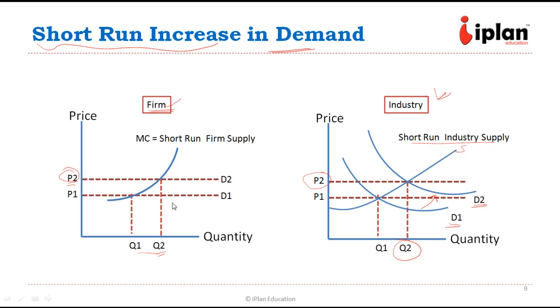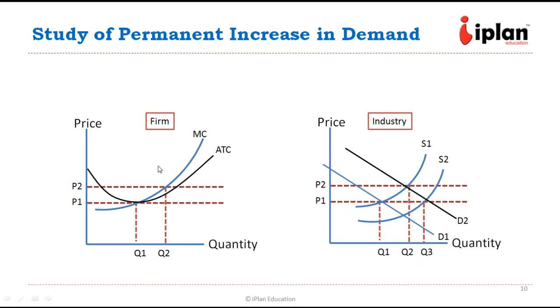But we have already seen what happens in the long run. Because of this permanent increase in demand, there is a profit making opportunity, and since it's a perfect competition, other firms are joining and then they are shifting the supply curve rightwards, S2. So the quantity again shifts from Q2 to Q3 and the price is the same.